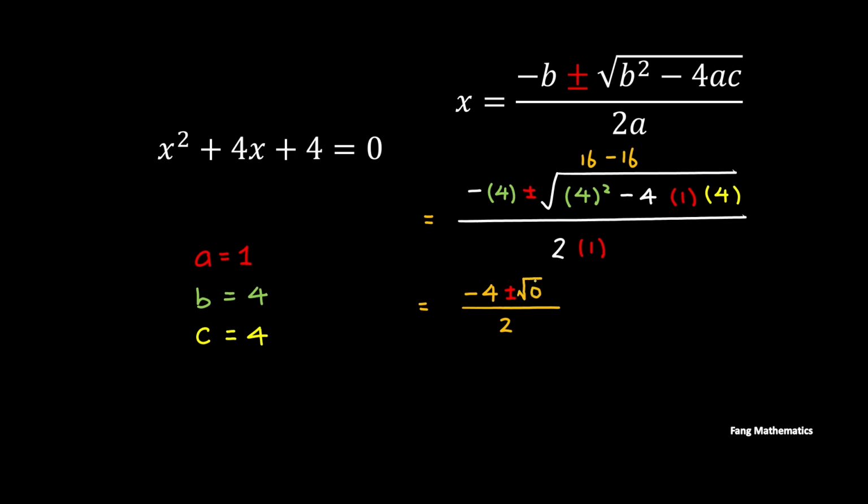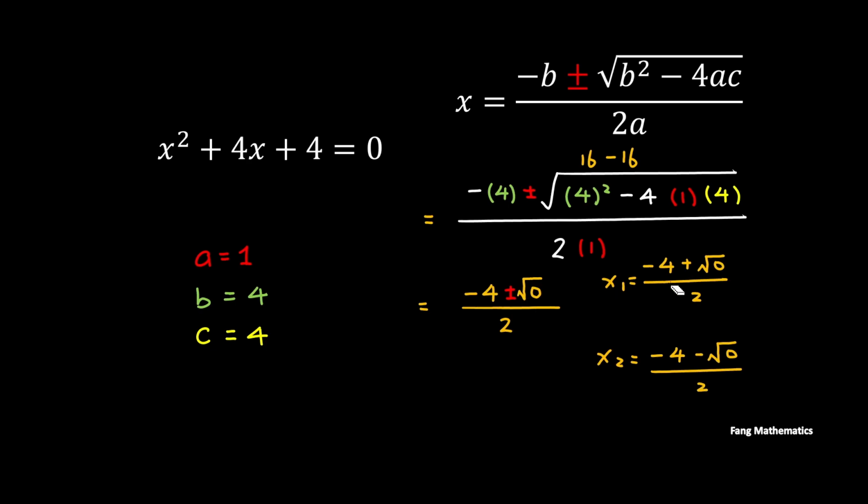Now, let's separate the two x solutions we have. I believe the first you have minus 4 plus root of 0, divided by 2. That's your x1. While your x2, you should have minus 4 minus root of 0, divided by 2.